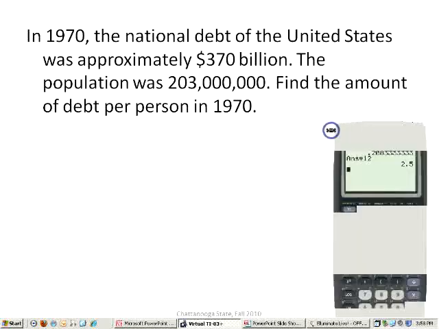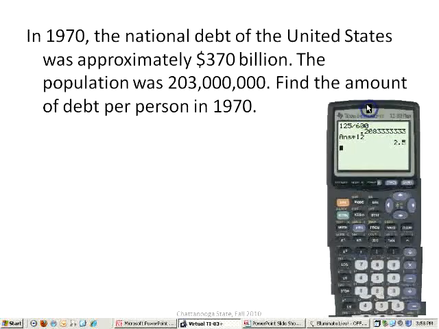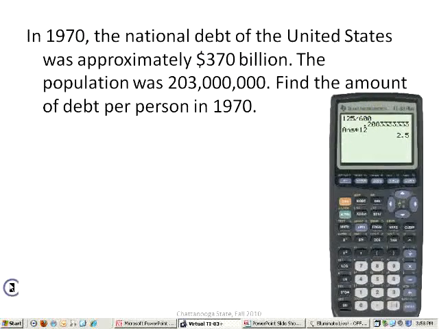There's a problem dealing with the national debt of the United States. In 1970, the national debt was approximately $370 billion. The population was 203 million. Find the amount of debt per person in 1970.